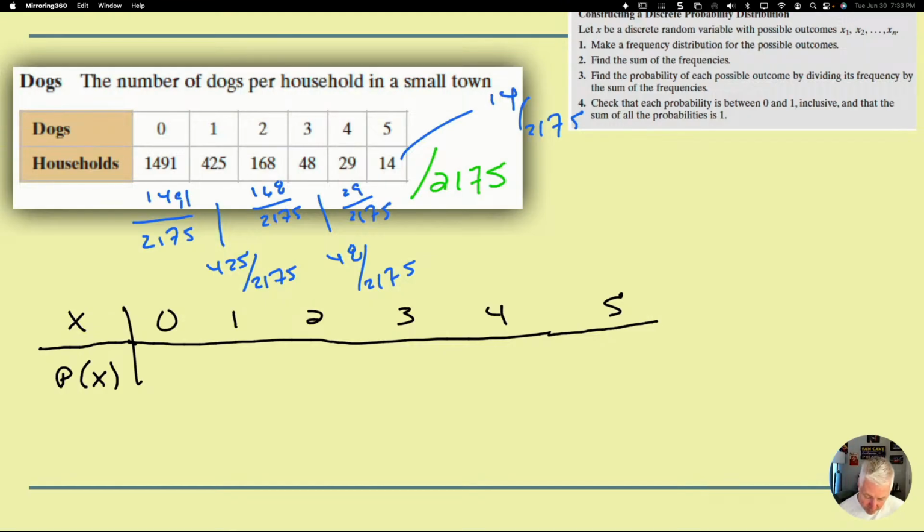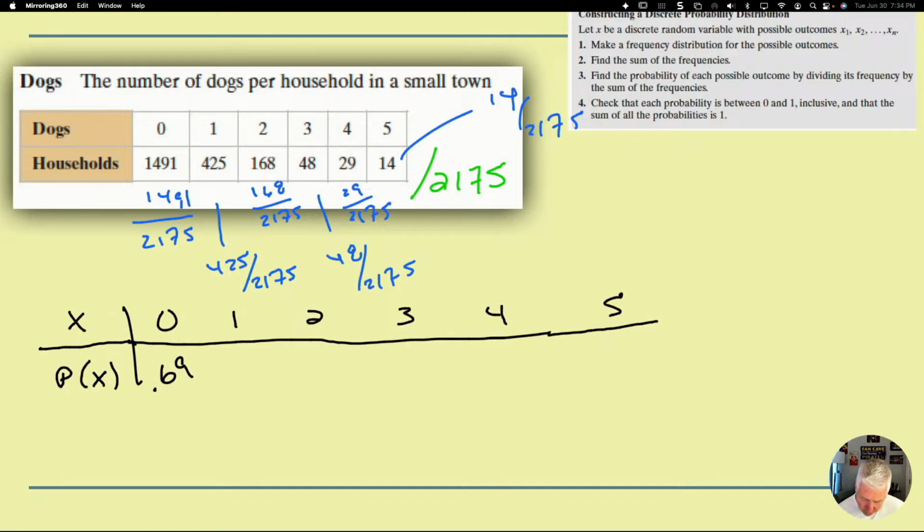So I've got 1,491 divided by 2,175. And I'm just going to round to 2 decimal places to keep my spacing okay. So I'm going to go to 0.69. Now with me rounding, when I add them up at the end, the sum of the probabilities should be pretty close on either side. They shouldn't be as far off as we were in the previous.